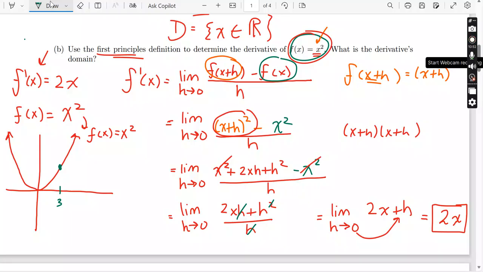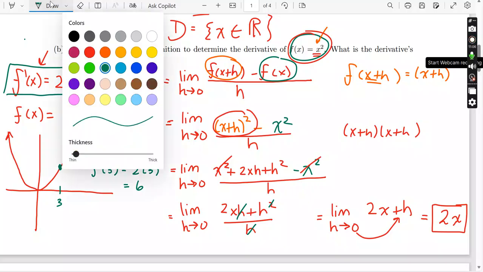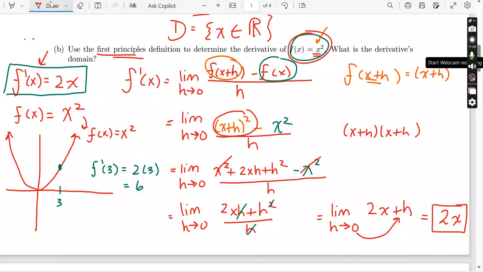This will tell me the slope of the tangent at that point. So f prime at 3 will give me 2 times 3, which is 6. What does that 6 tell me? Well, if I were to draw a tangent at the point 3, the tangent will only touch at the one point. It's technically 2 points very close, but we're going to say it's 1 point.